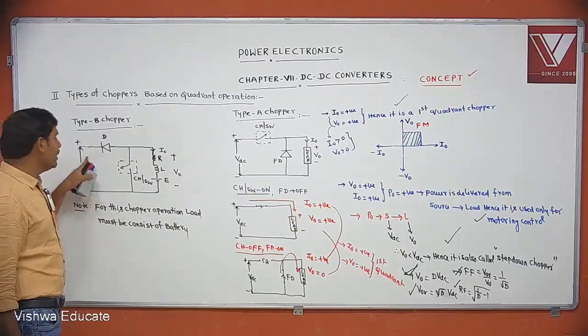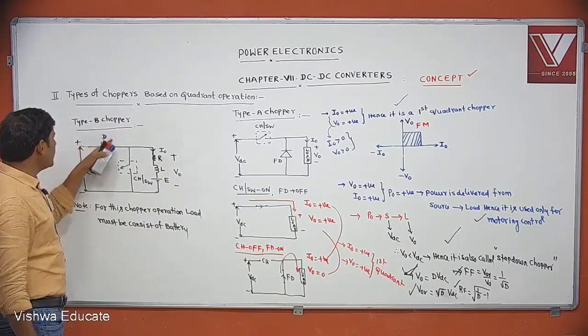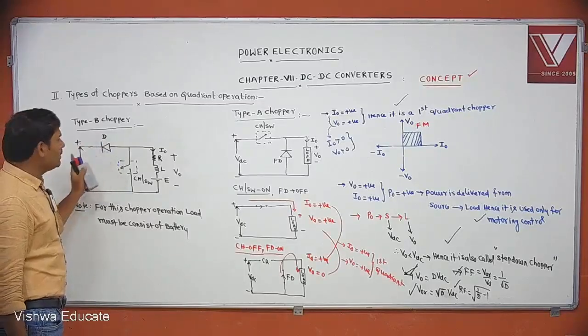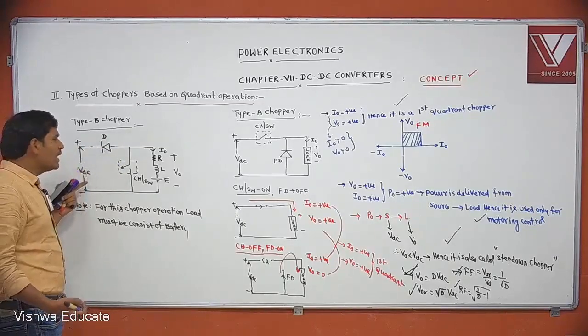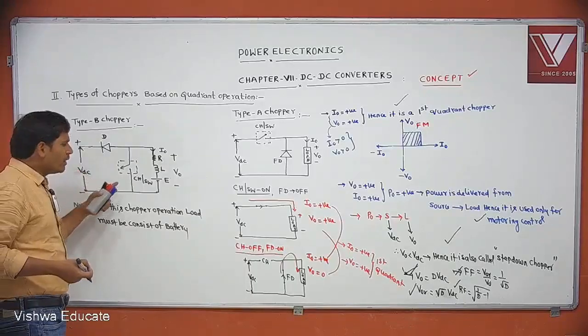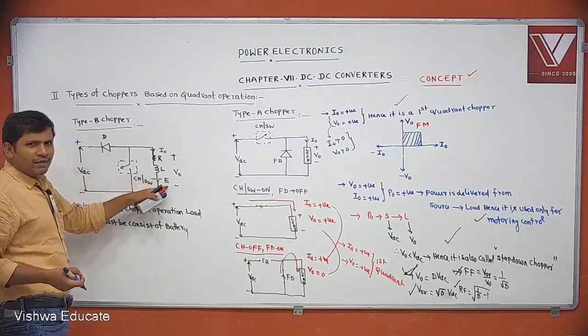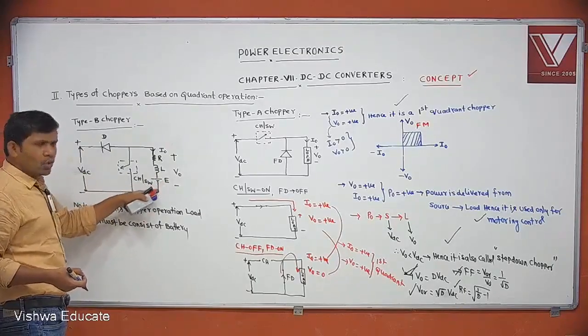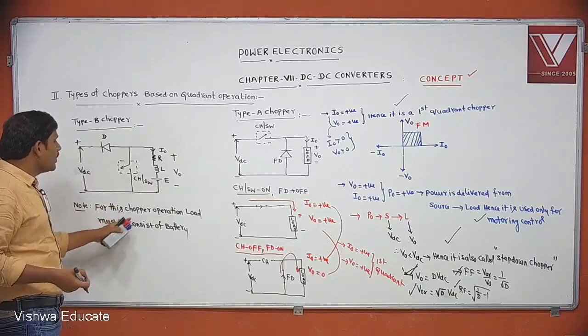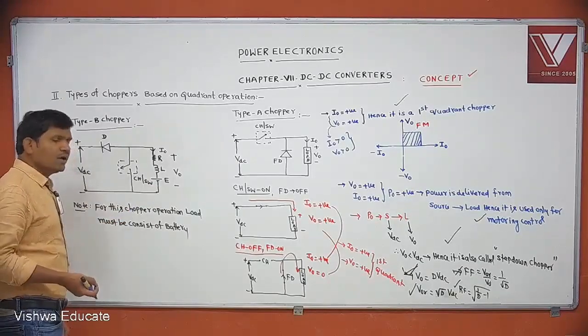Initially, because of this polarity, the diode is under reverse bias. Then how will the chopper turn on? To start this chopper, there must be some energy in L, some battery at the load side. That's why for this chopper operation, the load must consist of a battery.